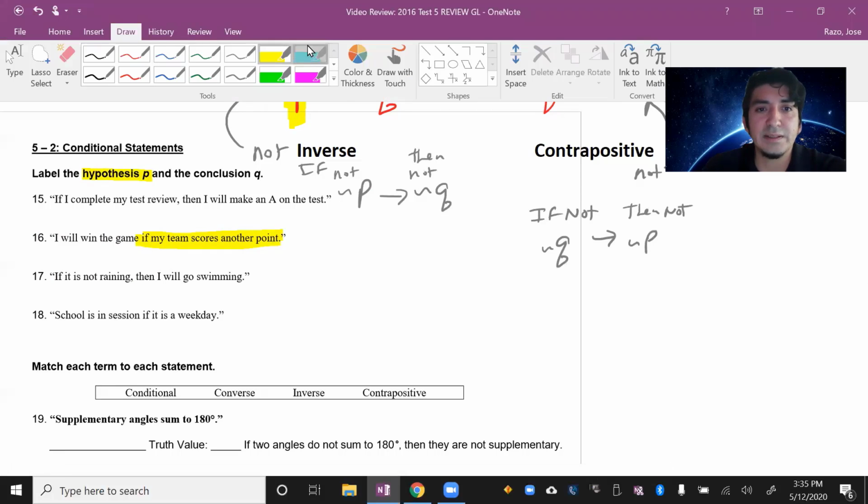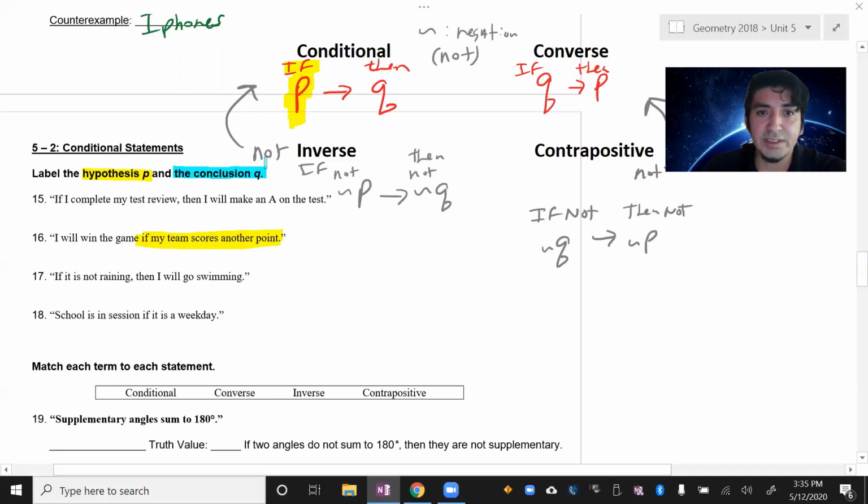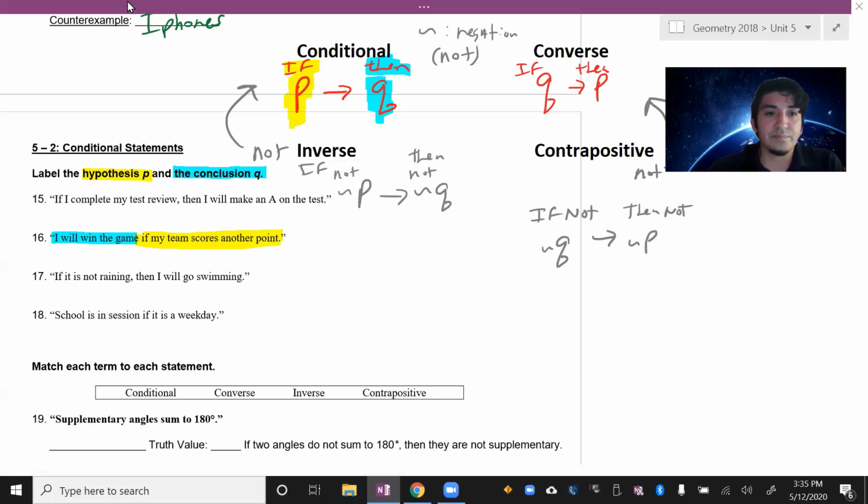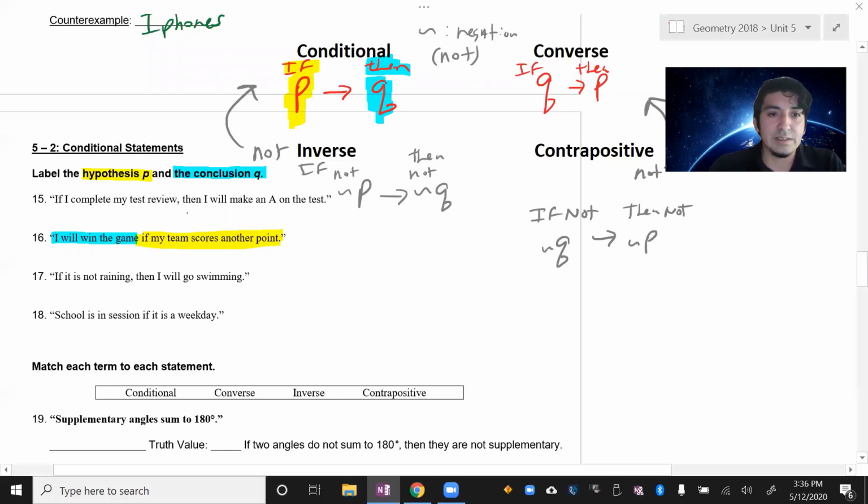Then the conclusion, which is Q, is anything remaining after the then. So I will win the game. So here's my hypothesis, which is P, and here's my conclusion, which is Q. Just be careful when you're solving these.